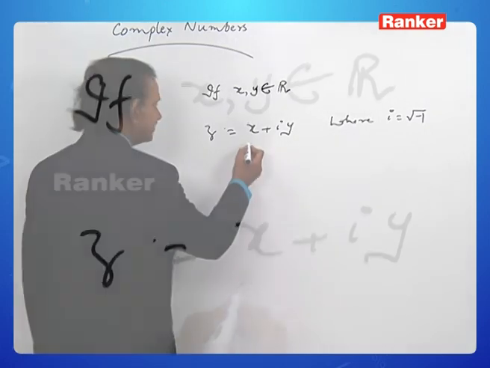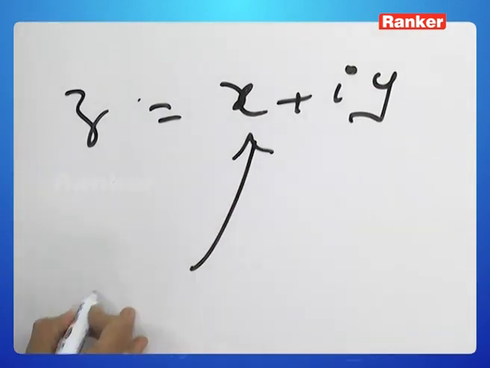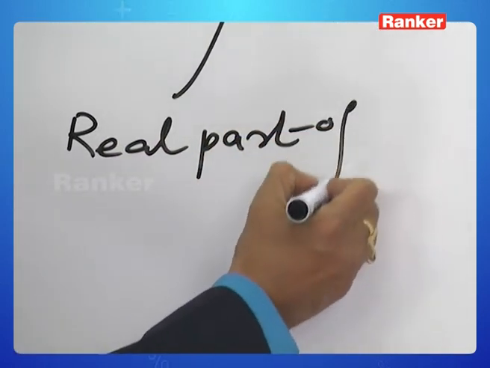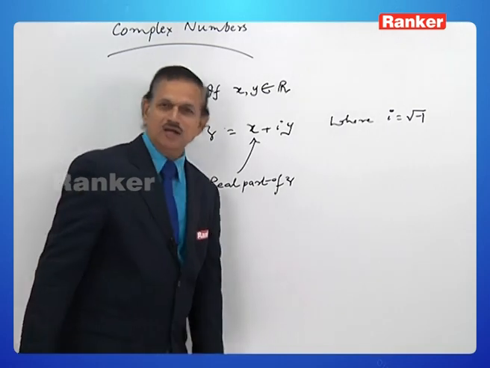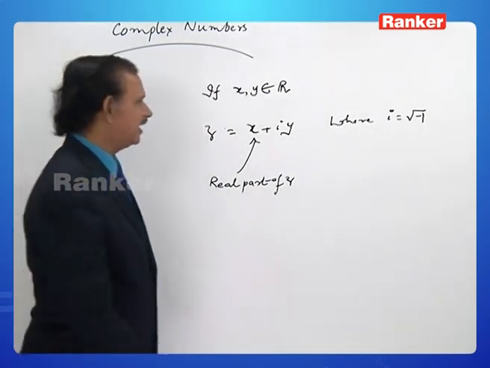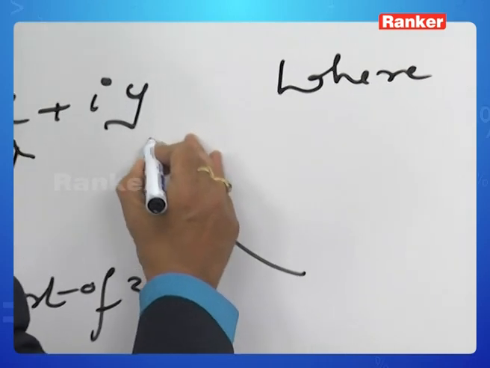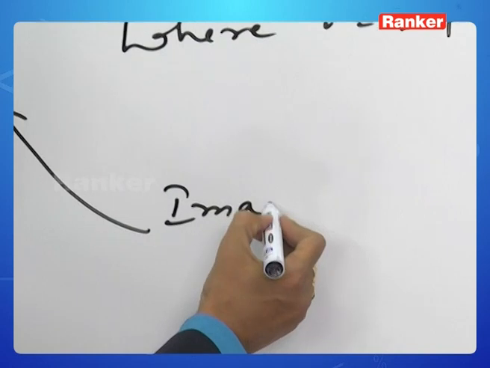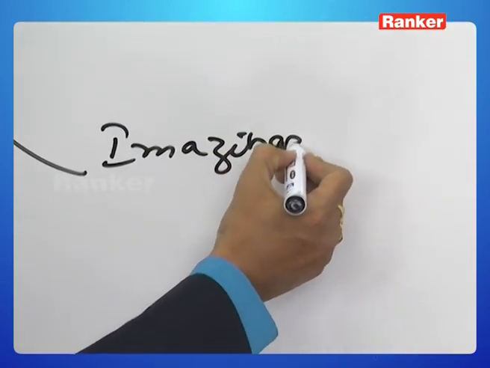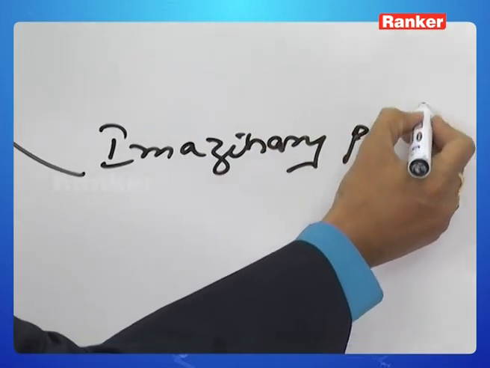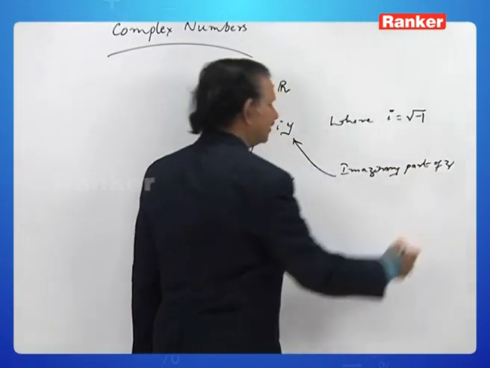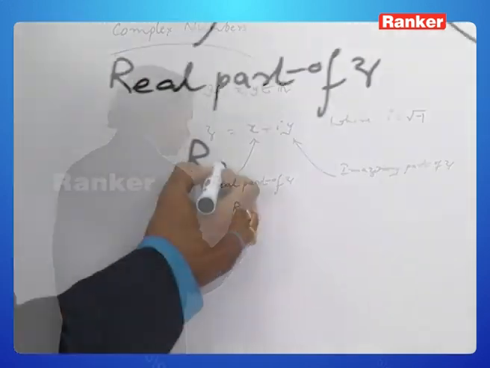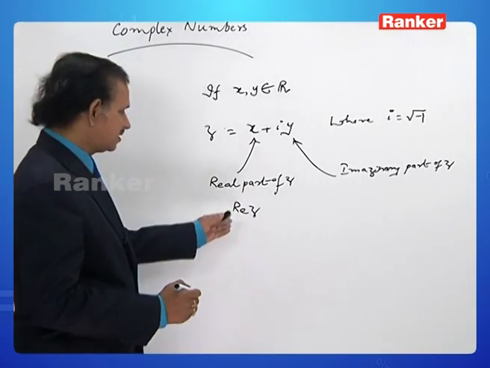Moreover, this x is called the real part of z, and this y is called the imaginary part of z. The real part of z is denoted by the symbol Re z.